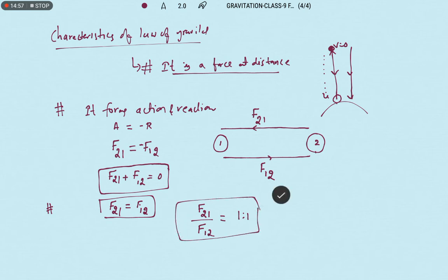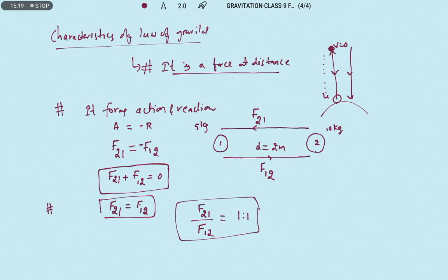Suppose the question is given like this: a 5 kg body and a 10 kg body are separated by a certain distance d equal to 2 meter, then what is the ratio of force of attraction between the two objects? If you know this point, we can easily attempt the question.